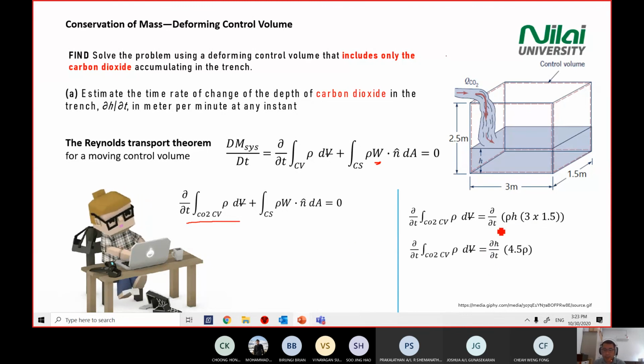So you can simplify the equation: you pull your H out because H is the one that is changing. Rho is still the same. Rho is a constant value for whatever medium that you use. So your equation reduces to del H over del T times 4.5 rho. This rho here refers to the CO2.